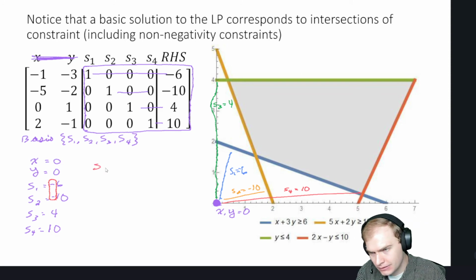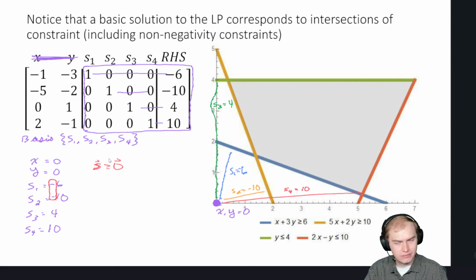Well, S is supposed to be non-negative, right? In fact, all of our variables in standard equality form are supposed to be non-negative. So if we ever get a solution that has a negative entry in it, a basic solution, or any solution at all, it's not feasible. And we can see that graphically because our origin is not inside the feasible region.